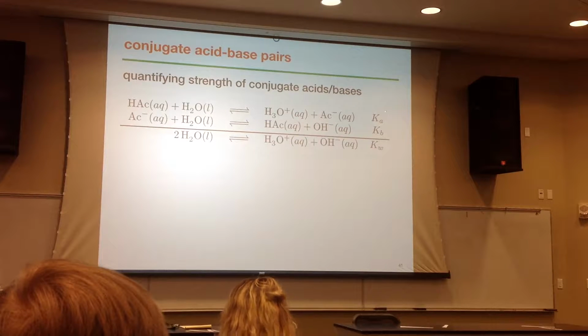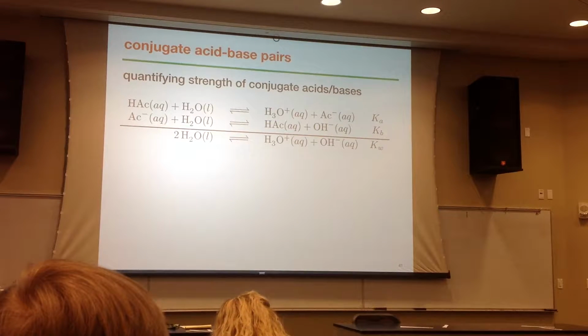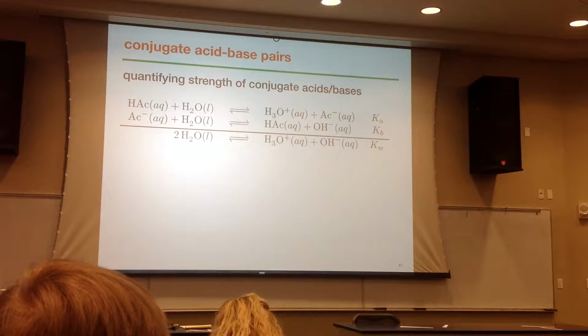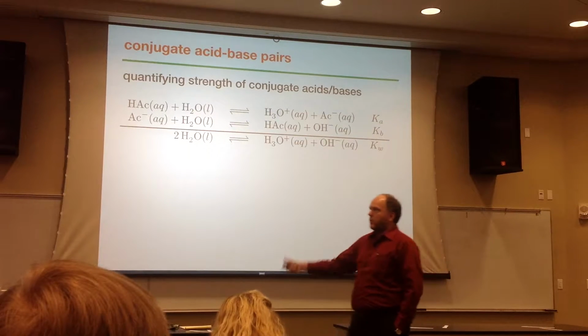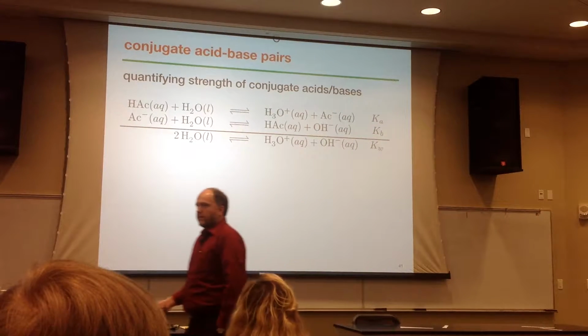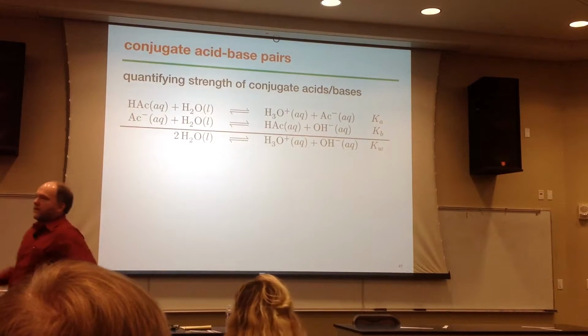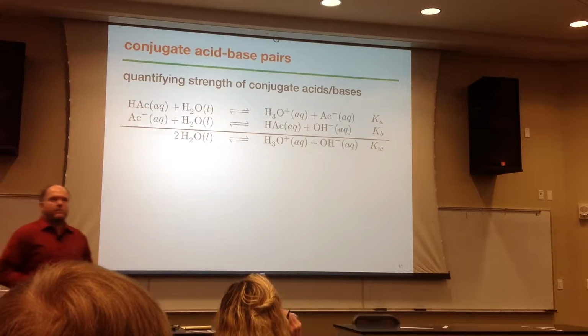All right? So I'm going to call this Kb because this is a base reaction, and Ka because this is an acid reaction, or this is producing an acid, this is producing a base. When I add those two reactions together, notice what I get. Two waters in equilibrium with hydronium plus hydroxide. Well, that's Kw.